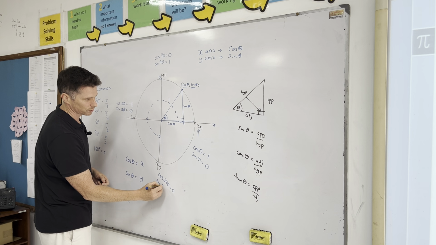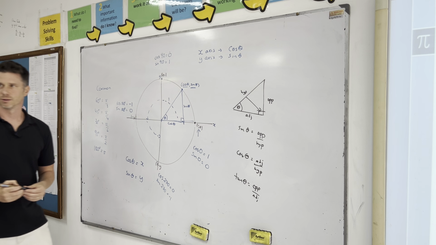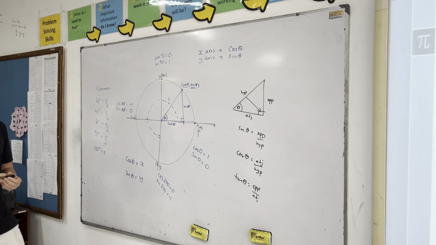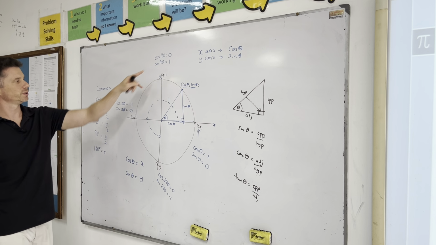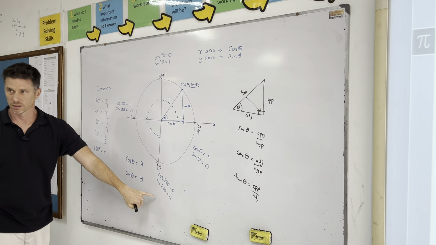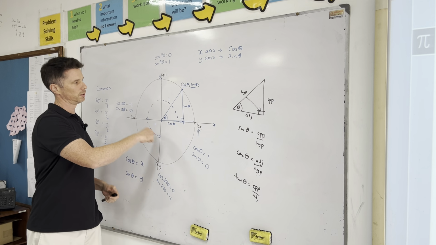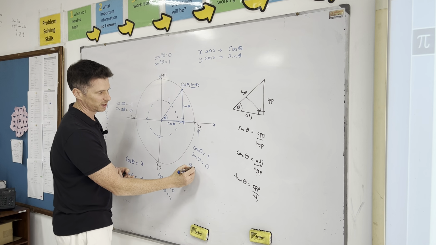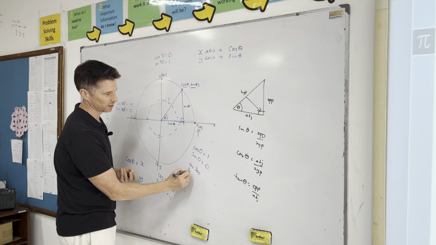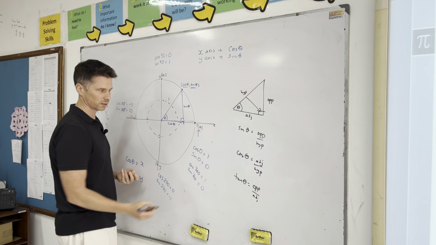And the sine of 270 is -1. Now, of course, we probably should be using radians at this stage, but we'll stick with degrees just because you're more used to them. So that would be pi over 2, pi, 3 pi over 2. And 2 pi, we go back to this. So I know that the cos of 360 and the sine of 360 is 1 and 0 again.